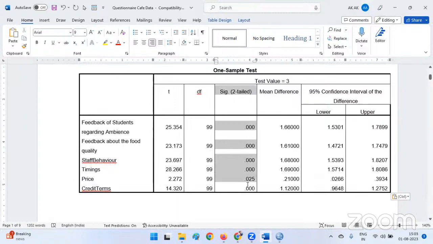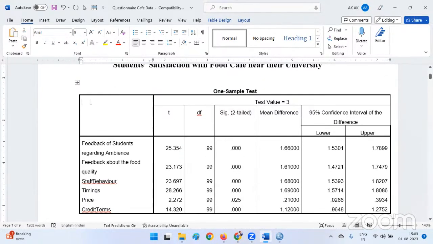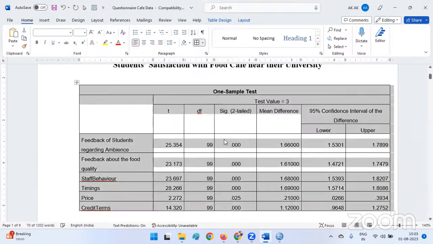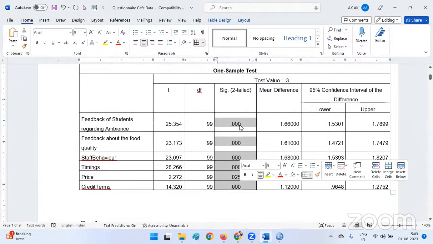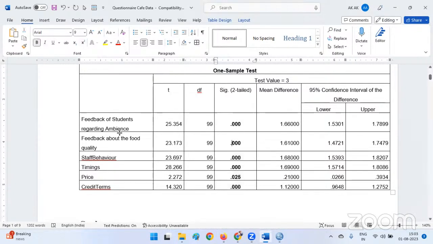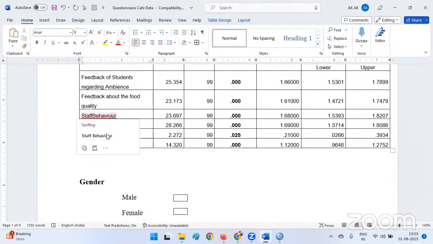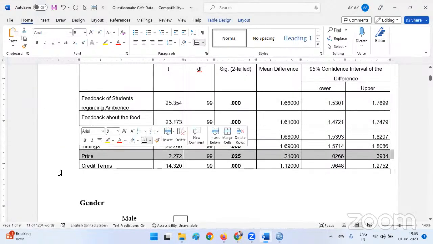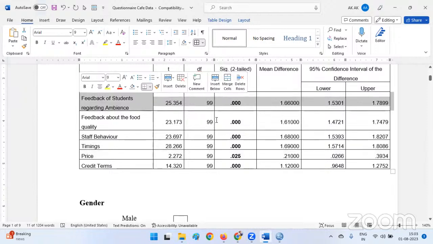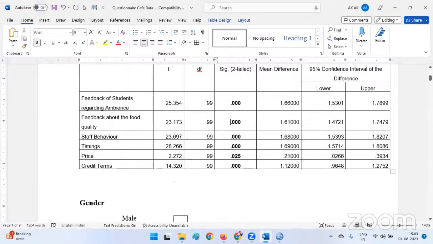Let us focus on significance, two-tailed. The value is 0.000 for all the variables: ambience, quality, staff behavior, timings, price, and credit terms. We will interpret them individually, not collectively, because the one sample t-test is separate for each variable. In the case of all the variables, the significance value is below 0.05.